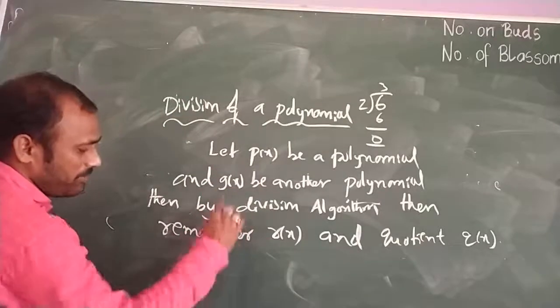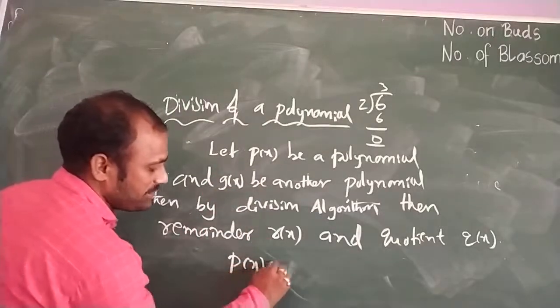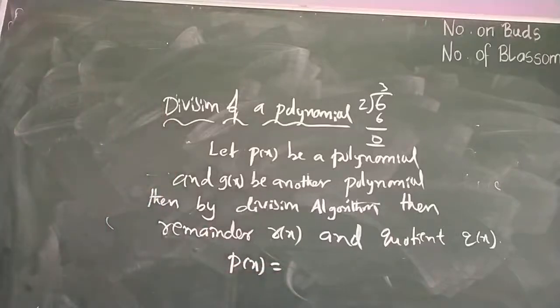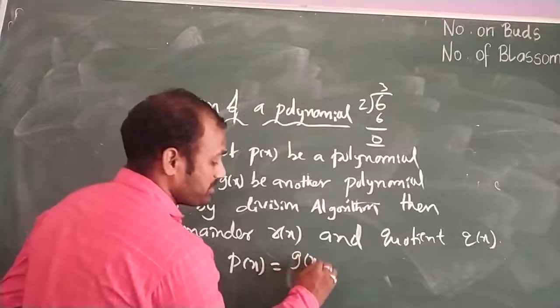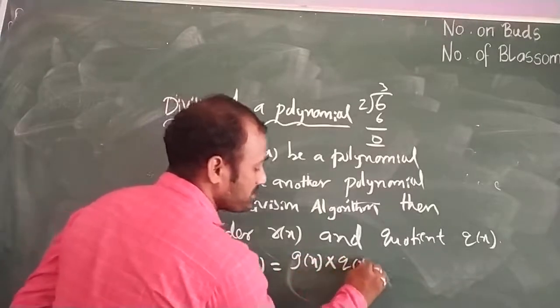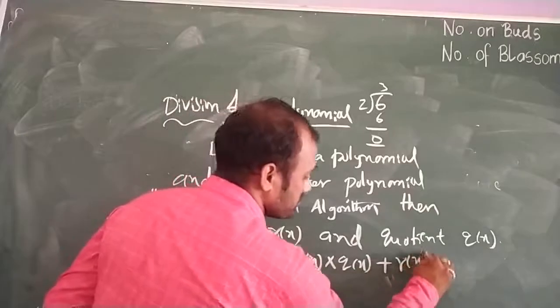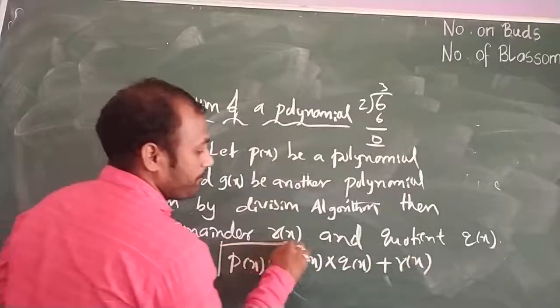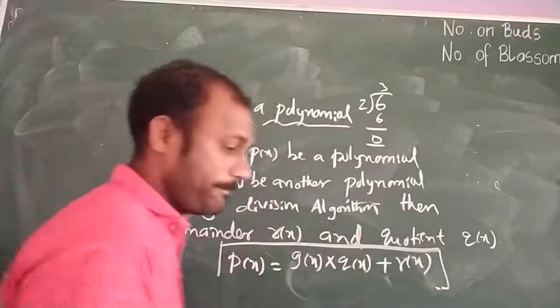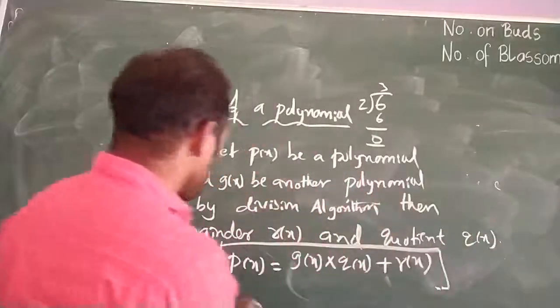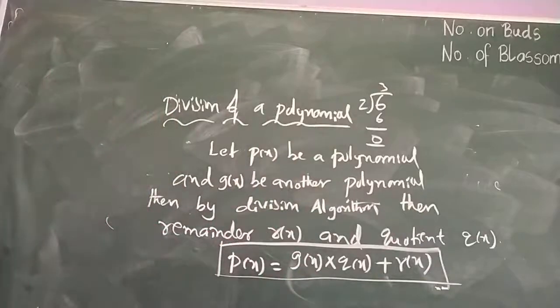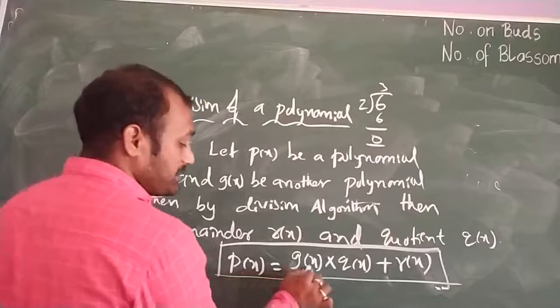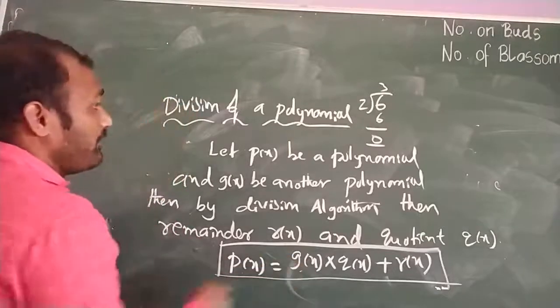So what is the final statement? P of x is equal to G of x into Q of x plus R of x. This is called the division algorithm, as we have learned in our lower classes also.